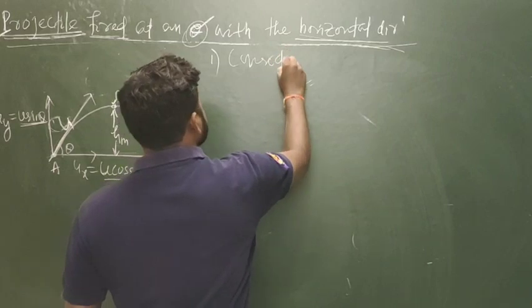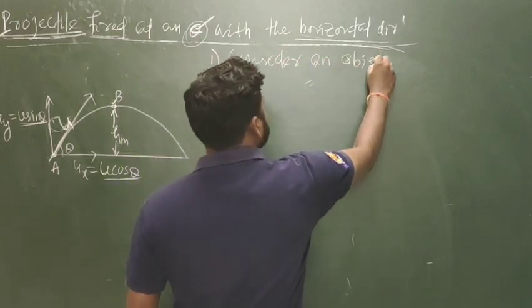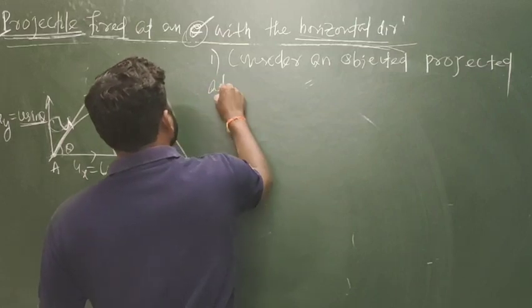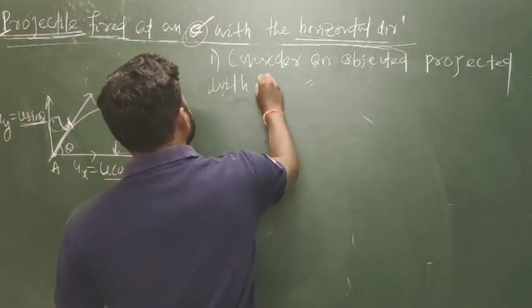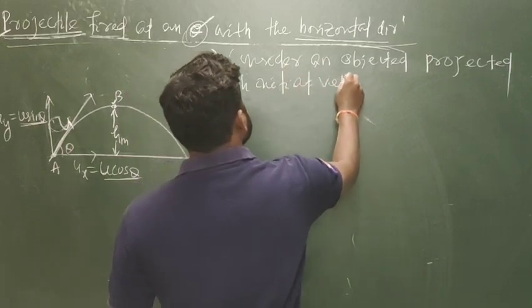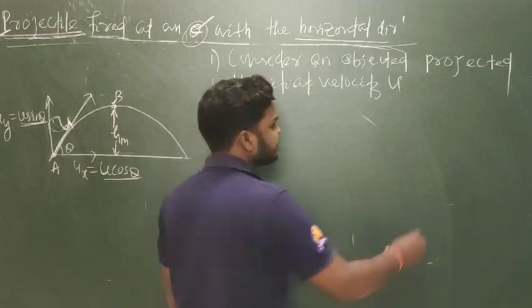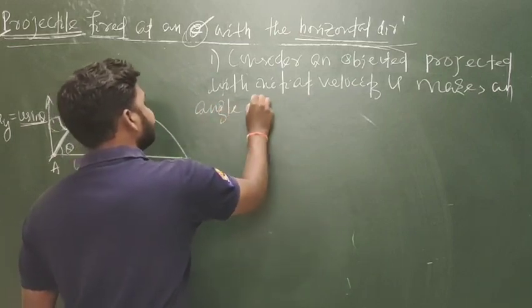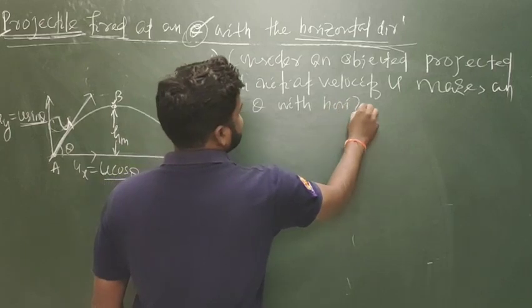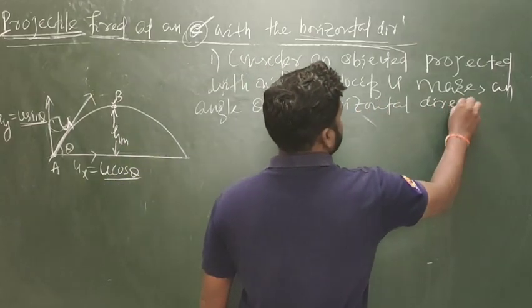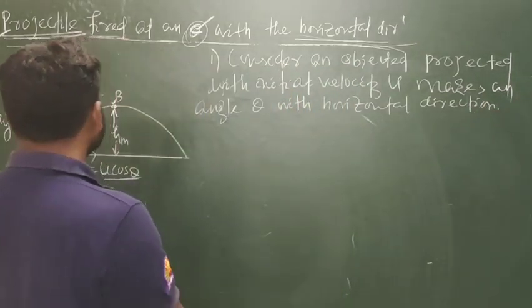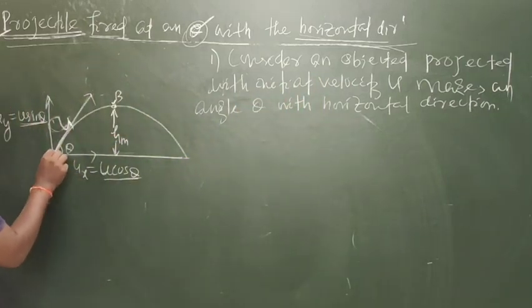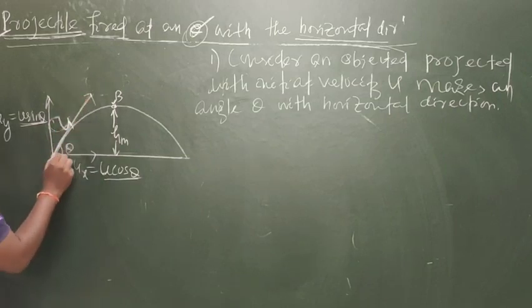So first, consider an object projected with initial velocity u at an angle theta with the horizontal direction.